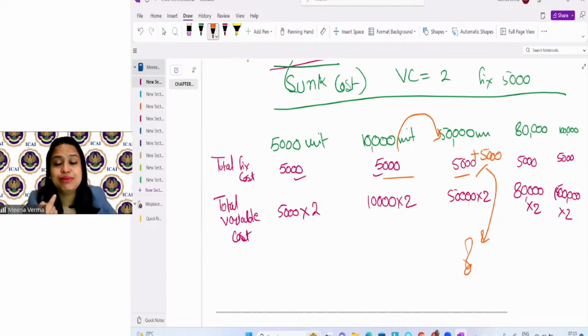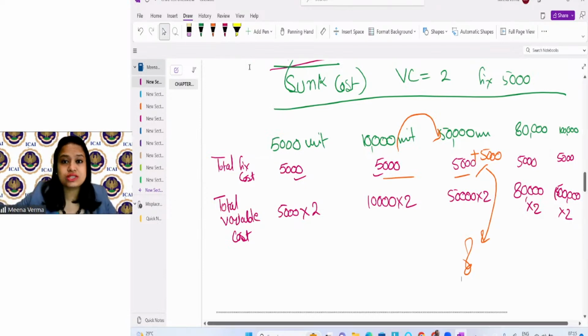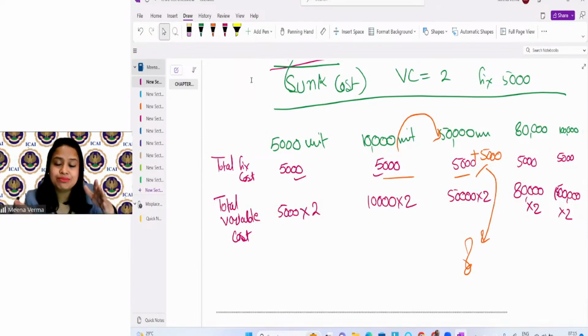Avoidable or incremental fixed cost is relevant for decision making. But when the fixed costs remain the same, it is not relevant. Any cost which remains the same and is not affected by the decision will not be important for decision making. Keep it in mind, because we will use it many times in the questions.